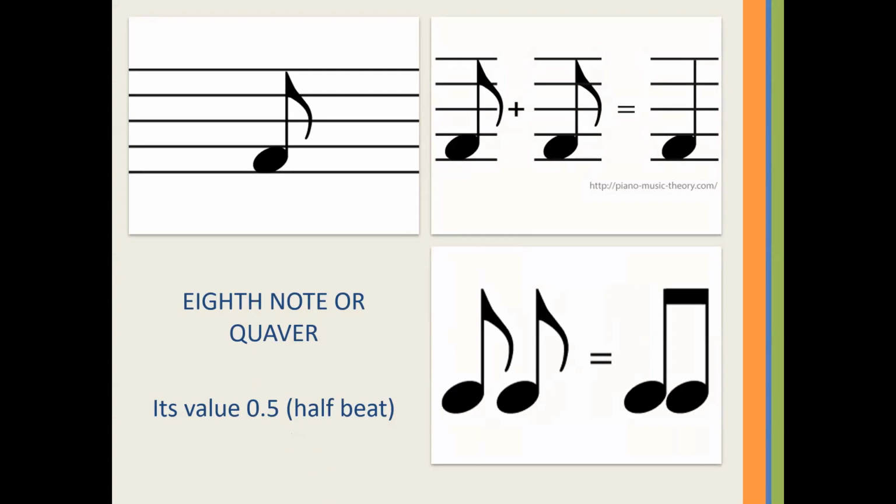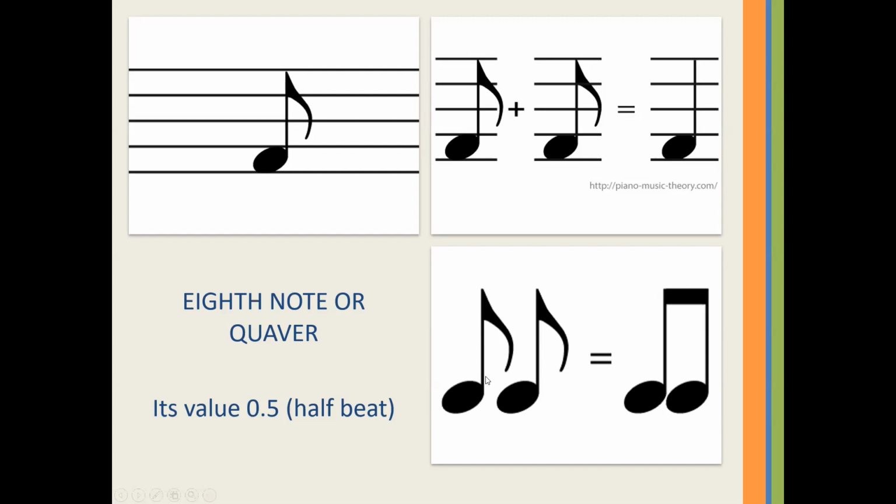Now in music, there are different ways to put 2 eighth notes together. So remember, as we've seen, the eighth note has a stem and it has a flag, right?